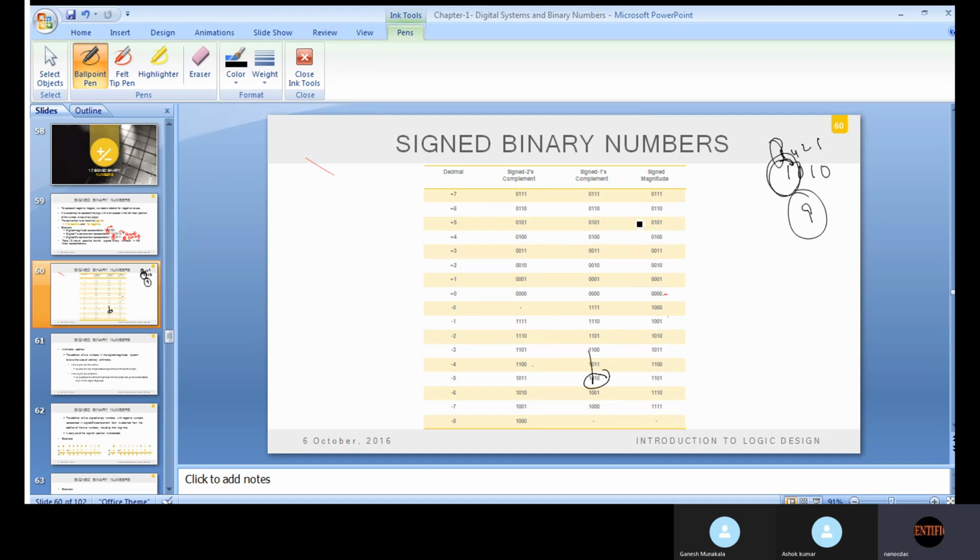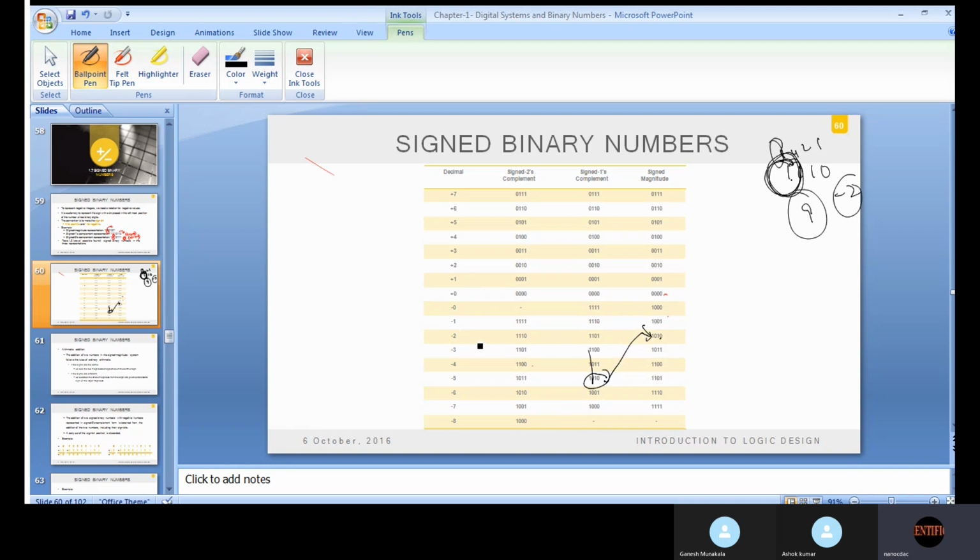In signed magnitude representation, as the first bit is representing the sign, the equivalent will be equal to -2. So in signed magnitude form, the same 1010 is -2.